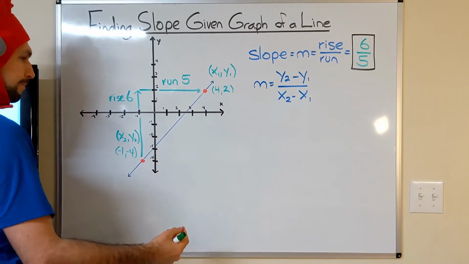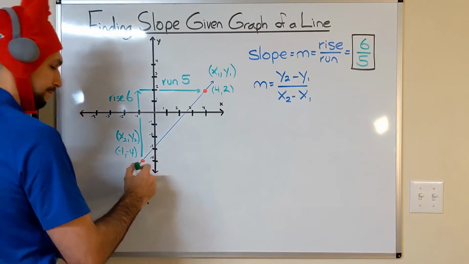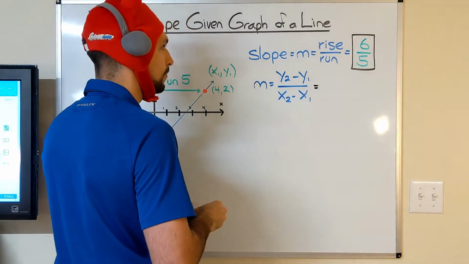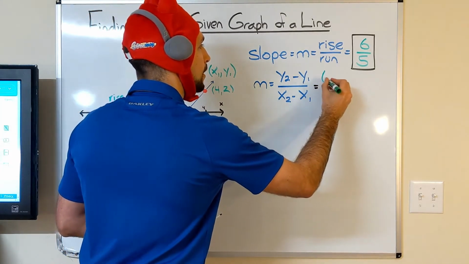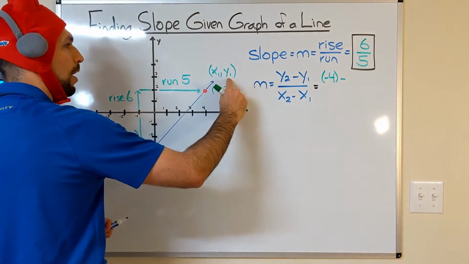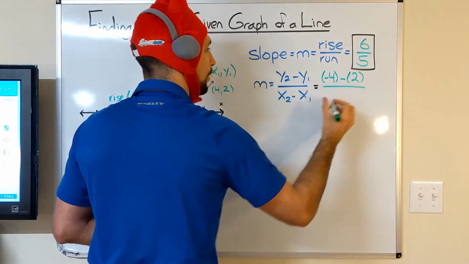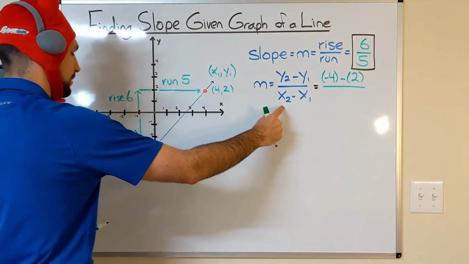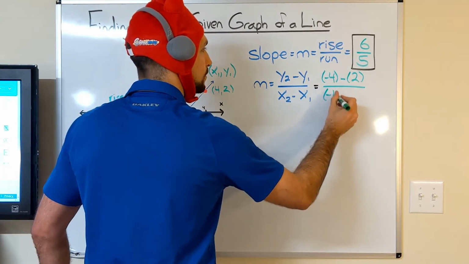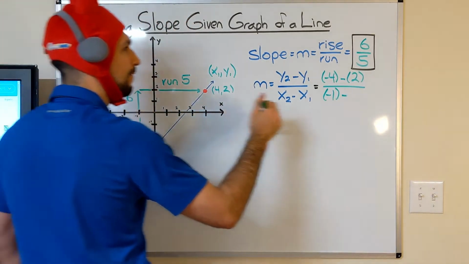Now let's substitute. My second y was -4. So let's rewrite this as -4 minus my first y, y1 was 2, over my second x, -1, minus my first x, 4.